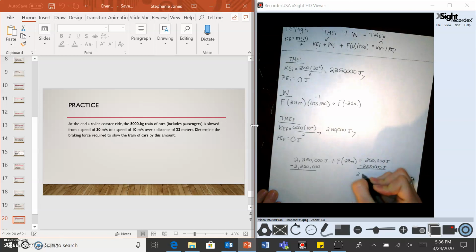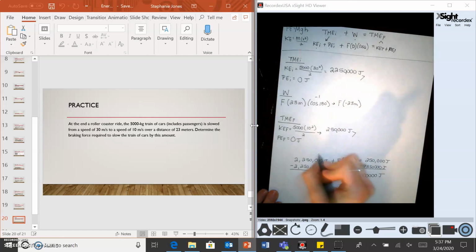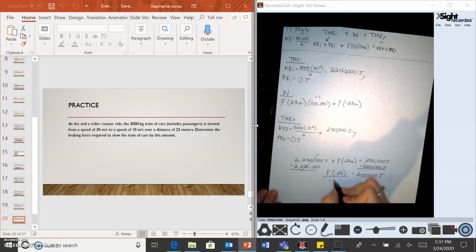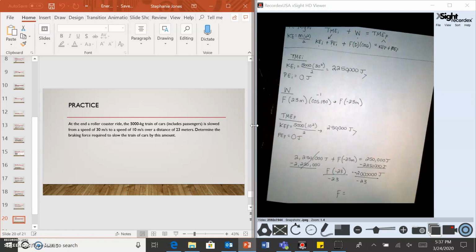And you'll be left with negative $2 million, and bring down the force times negative 23. In order to get F by itself, you divide by negative 23. Oh, and this is going to be a negative 2 million. So this is going to make it a positive force. So divide those two numbers together.